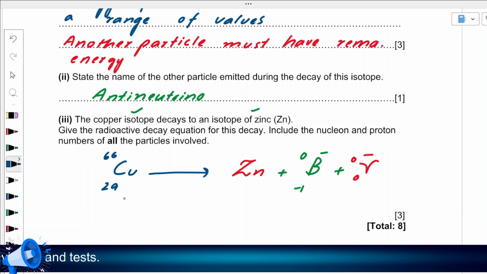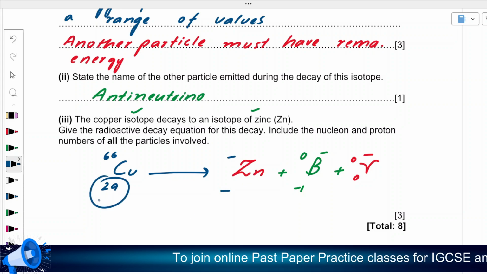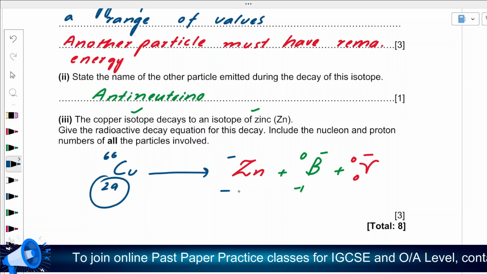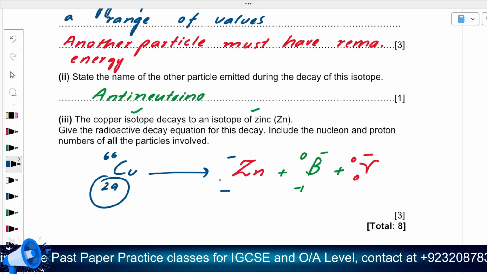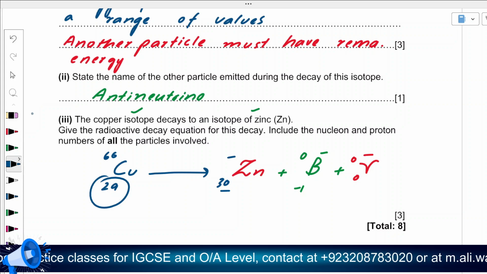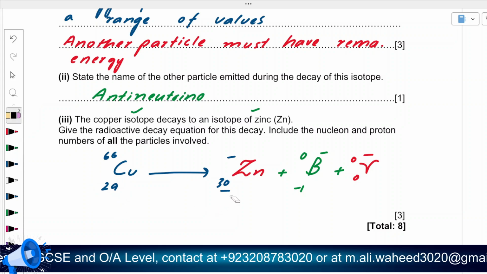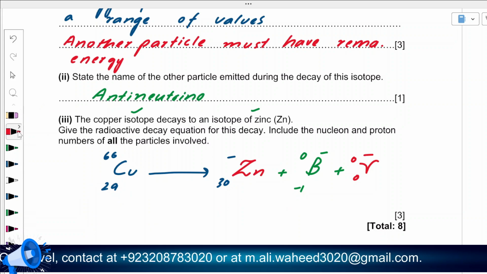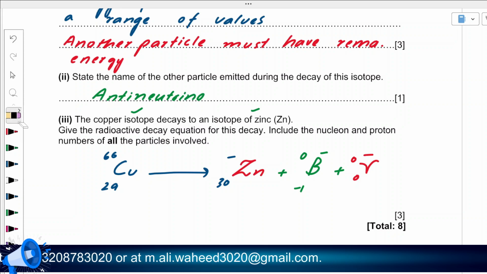Now we can find these two values. For the atomic number, we have 29 on the left side. On the right side, the total should also be 29. So if we have 30 here, only then we can have 29 on both sides. Now on the left side at the top, the atomic mass is 66.